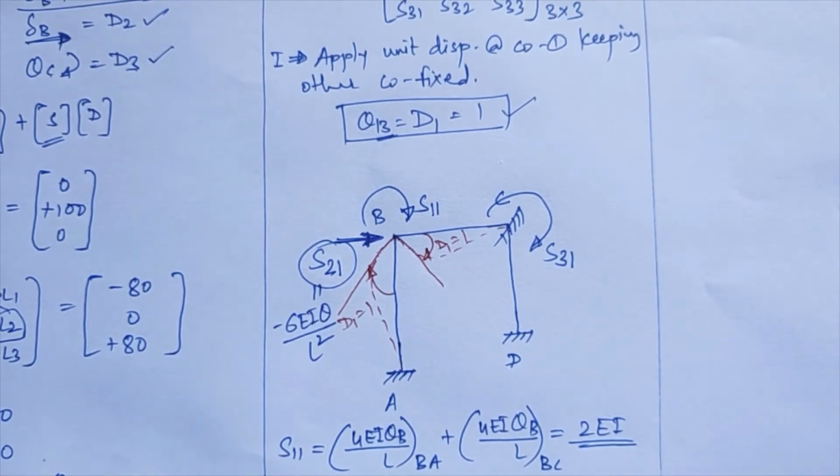So if you refer to that note properly, S21 will come as minus 6EI theta upon L square, where theta is equal to 1.